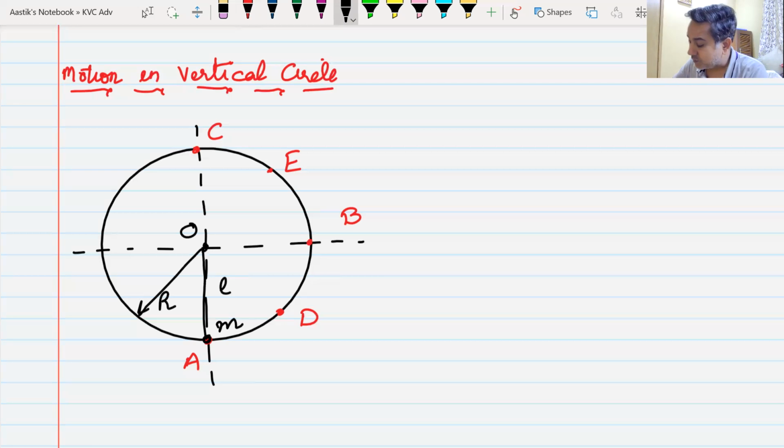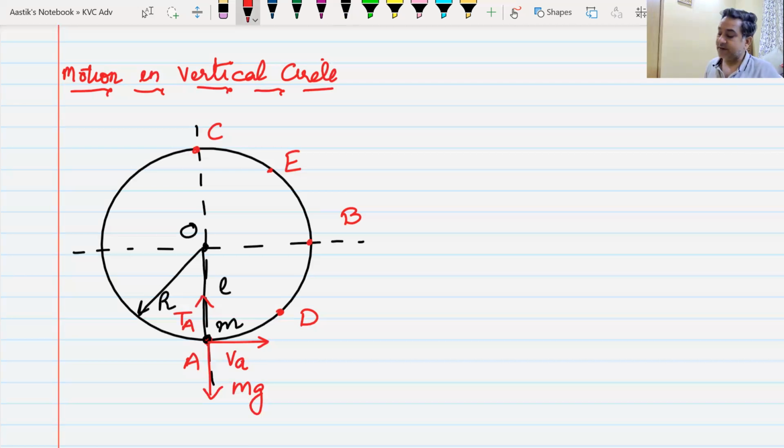If I make the equation at point A, what are the forces acting at point A? One is tension T, let me call it TA. One is the weight mg. It will have a velocity VA, the velocity at A. Now, what will be the equations of motion at point A?